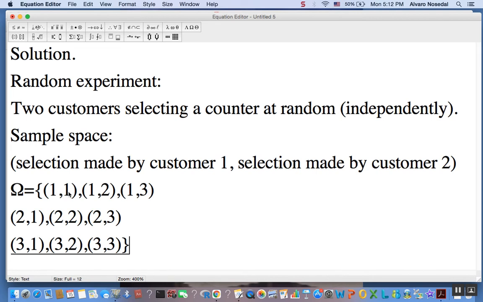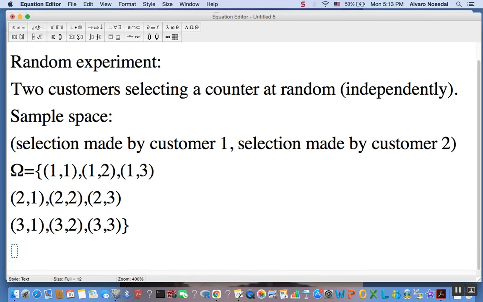Since these are independent, we know that if we have independent events, the probability of A and B is just the product of the probabilities. So in this case the product is 1 over 9, meaning the probability of each of these points is 1 over 9. Just keep that in mind.